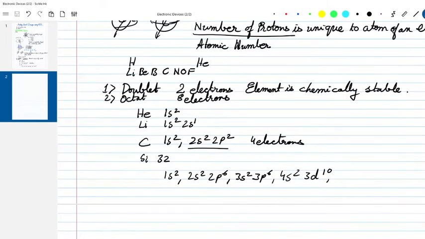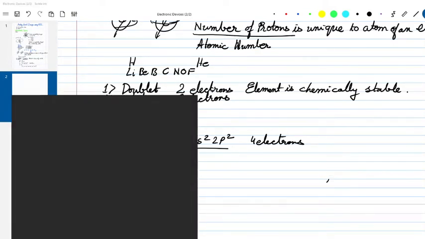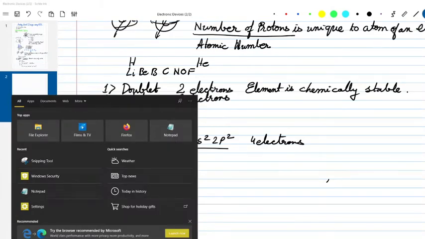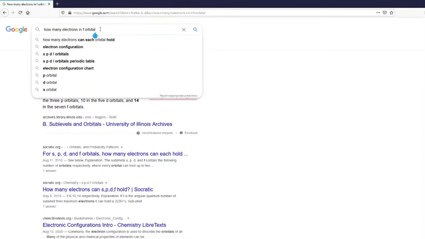Let's look at these atomic numbers. I don't remember these off the top of my head, so let's go back to the periodic table.